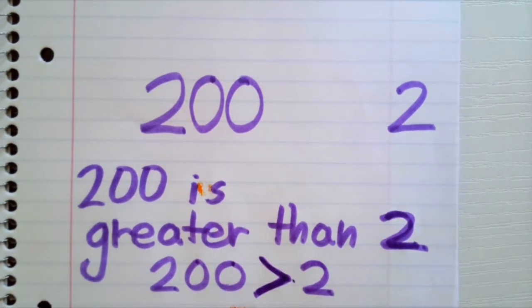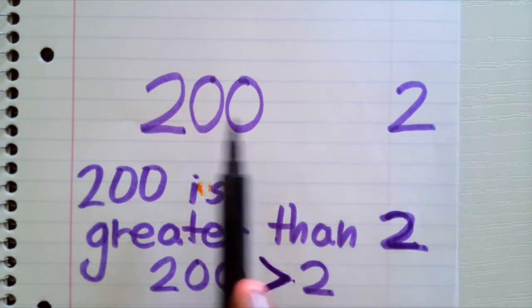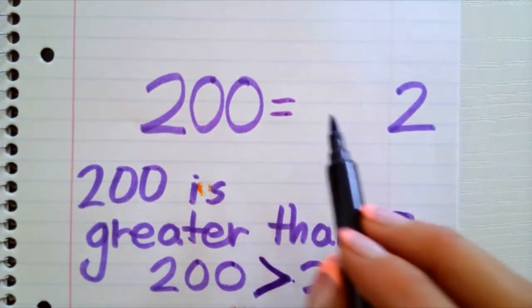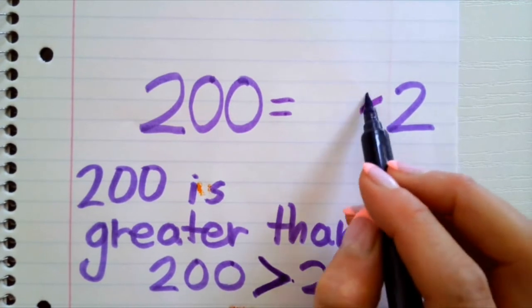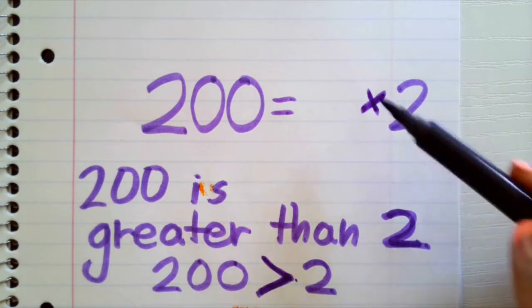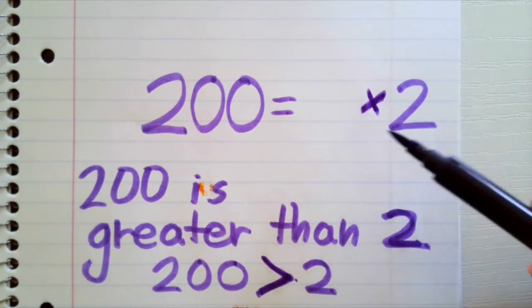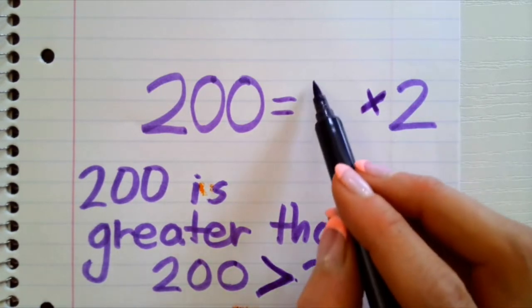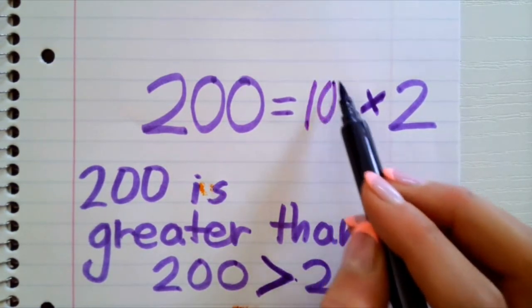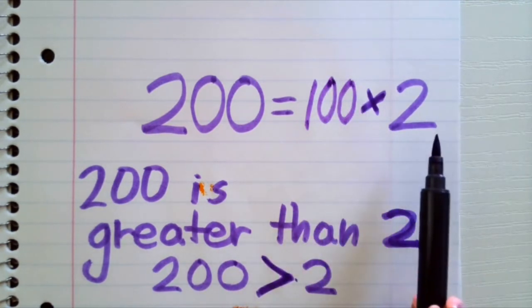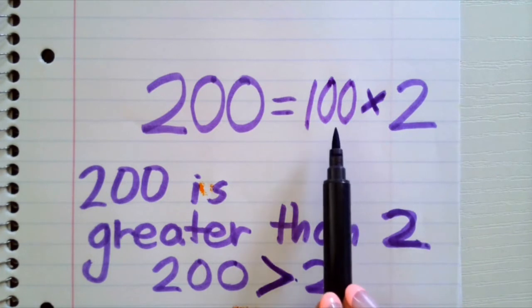If I make this into a multiplicative comparison, now I'm using multiplication to tell you about these two numbers. 200 is something times 2, right? What goes in that empty space? It's 100 times 2, or 2 times 100.